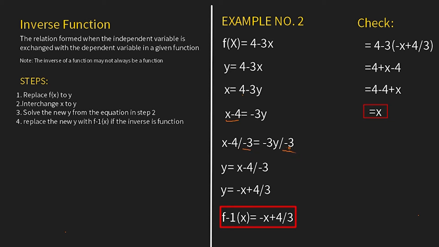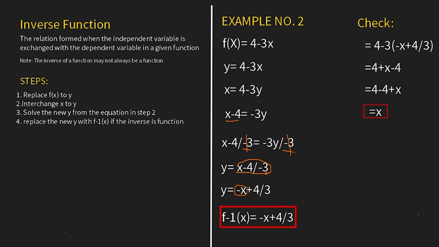And we cancel it. Now, we will be left with y is equal to x minus 4 over negative 3. Now, this can still be simplified by dividing. Now, x divided by negative 3 is equal to negative x.